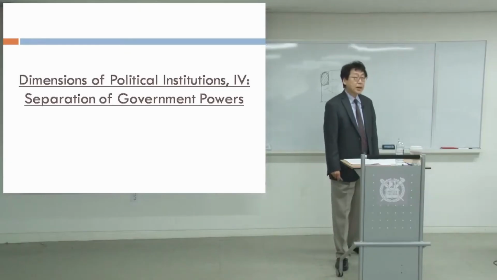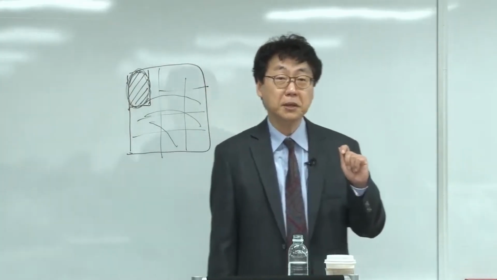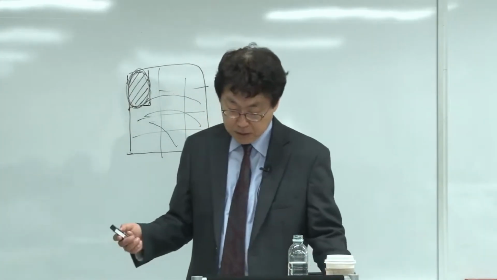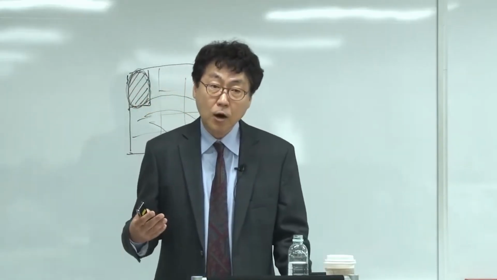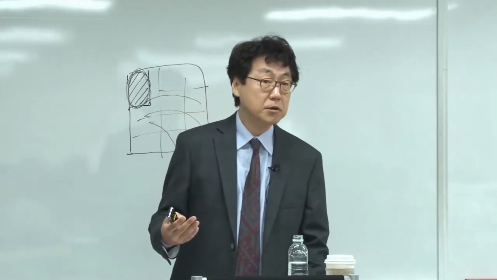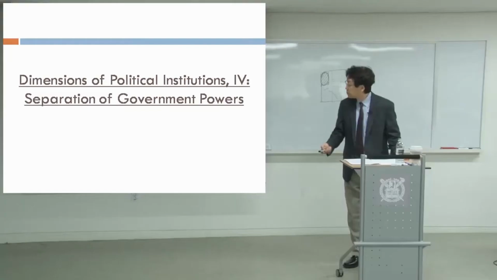So as you may expect, we will primarily talk about the differences between presidential system and parliamentary system here. And we'll primarily focus on democratic systems rather than authoritarianism and democracy.